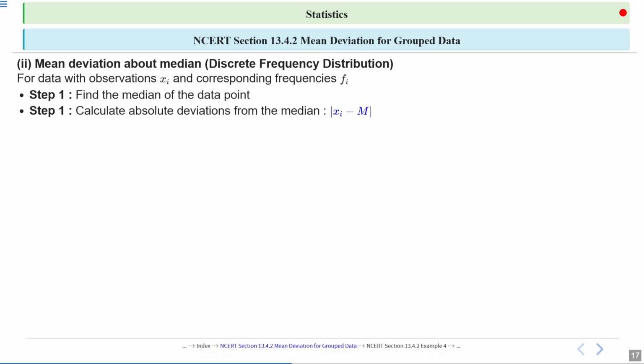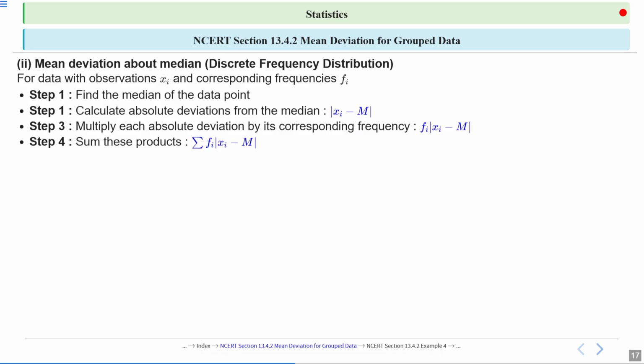We find the difference between xi and the median m, and then take the absolute value. So for each data point we compute mod of xi minus m. Step 3 is to multiply each absolute deviation by its corresponding frequency. That means for each value we calculate fi times mod of xi minus m.